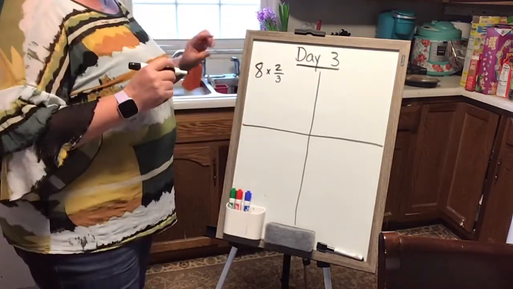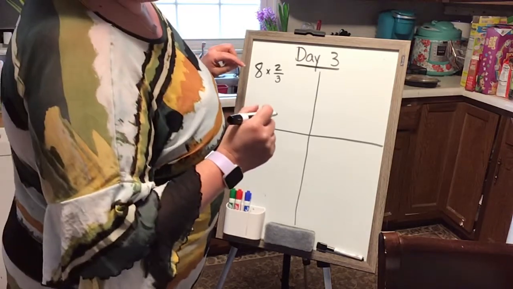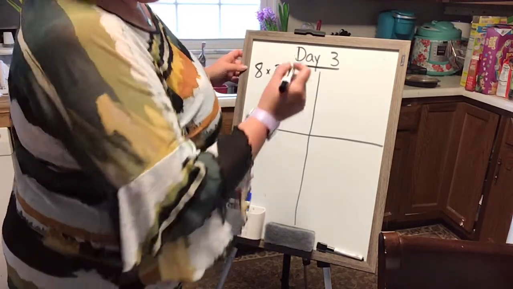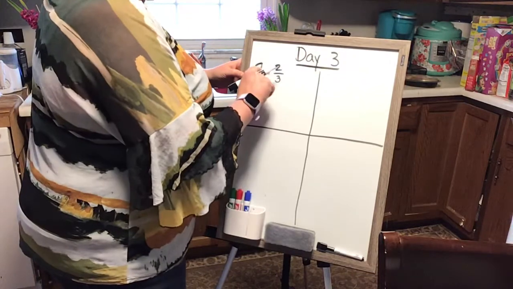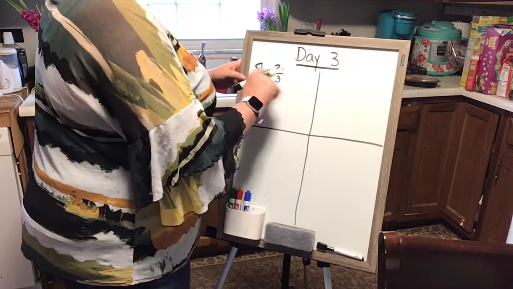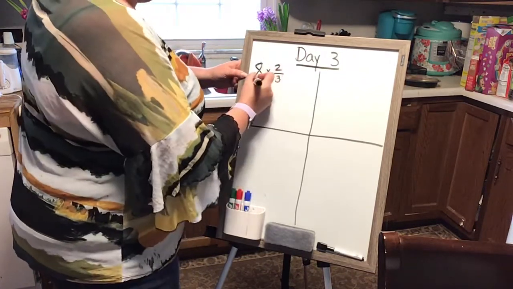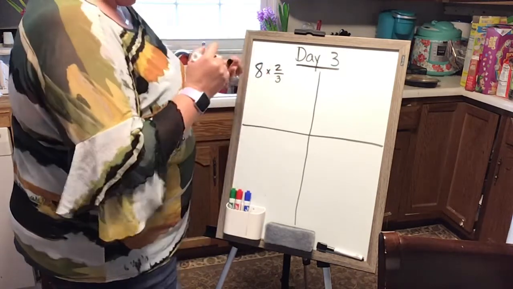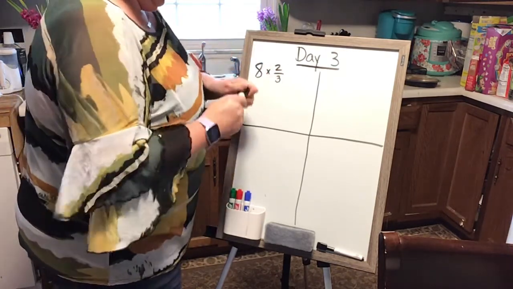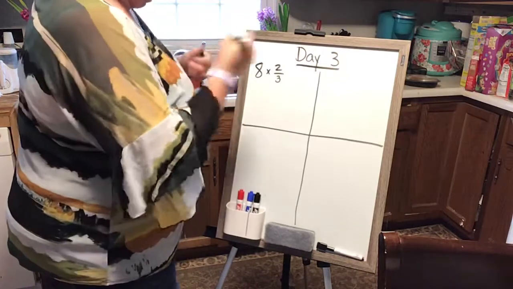Remember when you're multiplying a fraction, you go numerator to numerator, denominator to denominator. Remember that 8 is the same thing as 8 over 1.